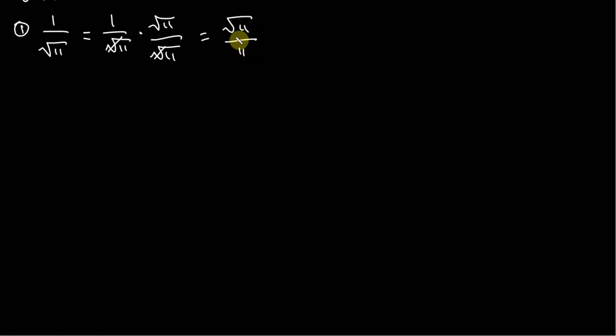So it's going to be root 11 over 11. Let's do another example. Say for instance we have 1 over root 2. This is actually a really good one. You'll likely see this quite a lot.